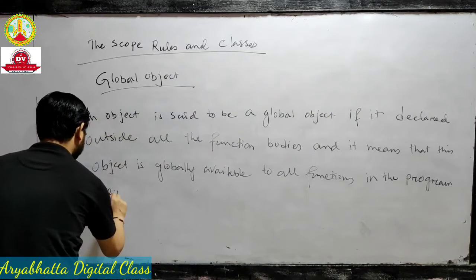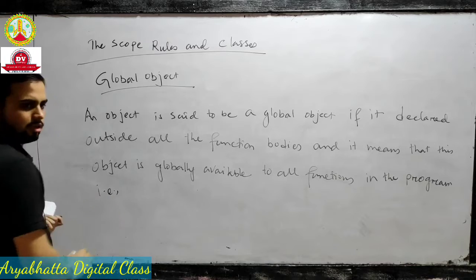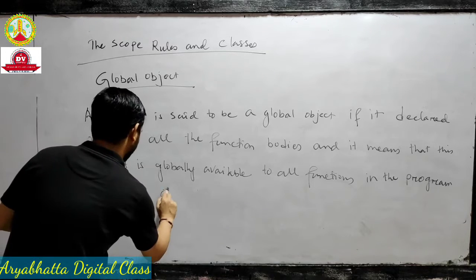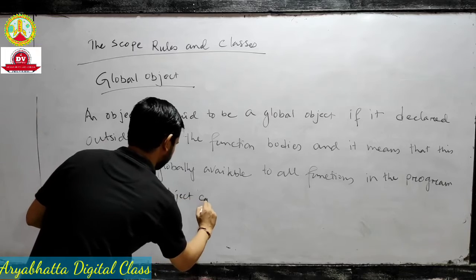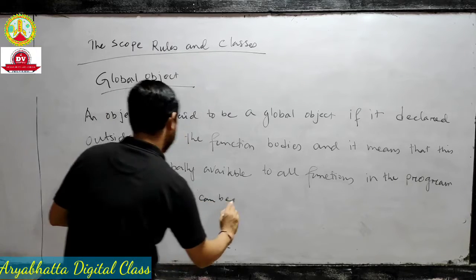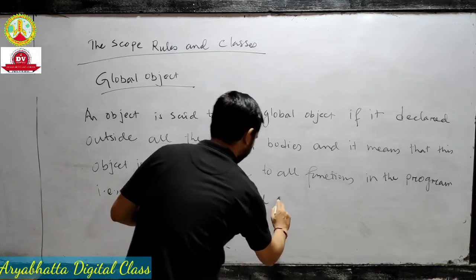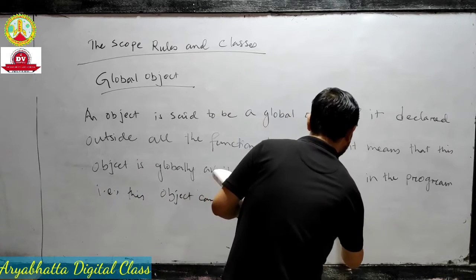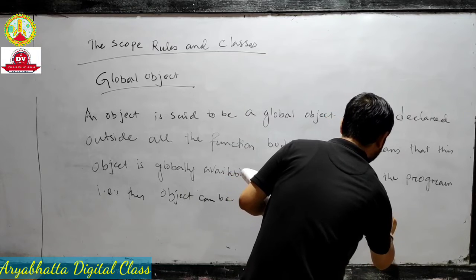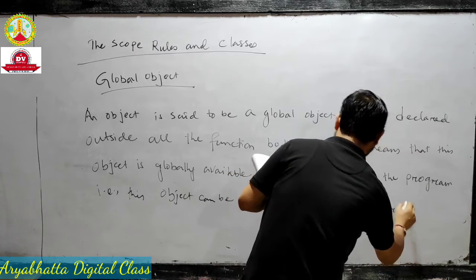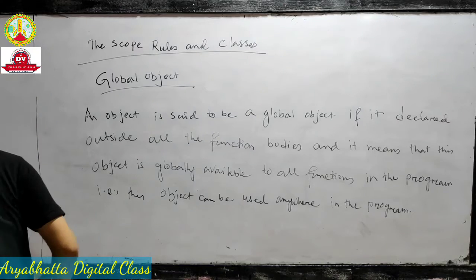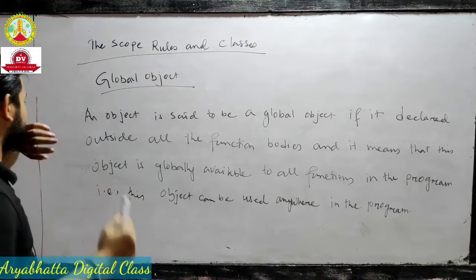For the short form, this object can be used anywhere in the program. So what is a global object?